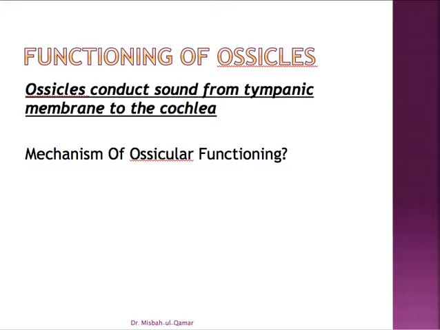So the whole ossicular chain moves like a piston. This is how the bony chain conducts the sound waves from the tympanic membrane to the inner ear, which is the cochlea.